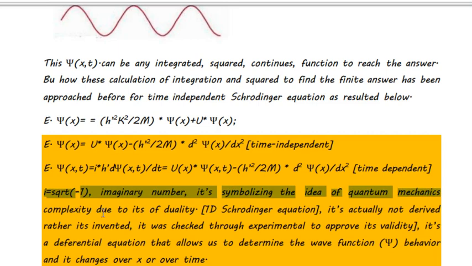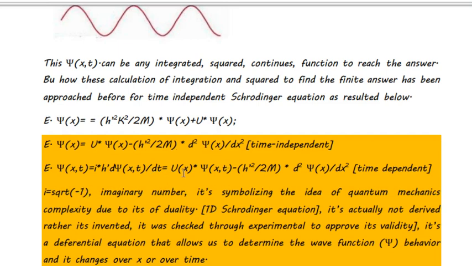It tells how complex quantum mechanics or the Schrodinger equation is in describing the particle. Complexity comes from the duality nature of the particle movement. So to tell how complex it is, we describe it through the imaginary number, which is i.